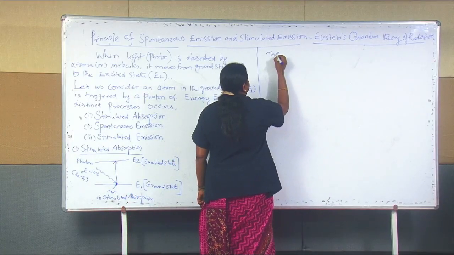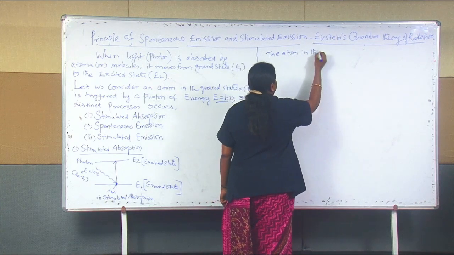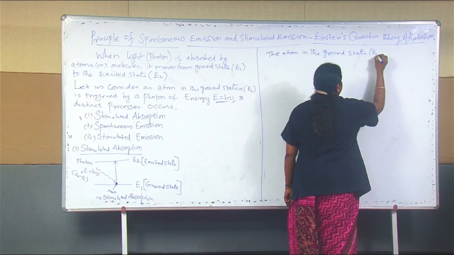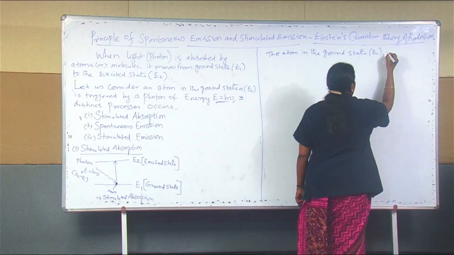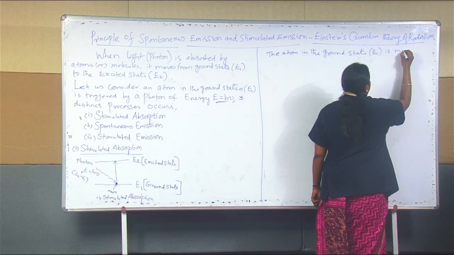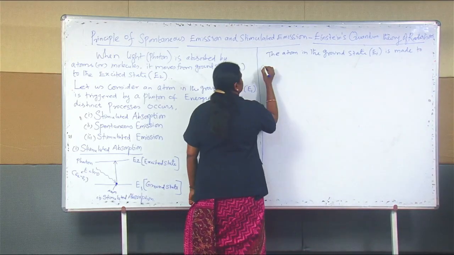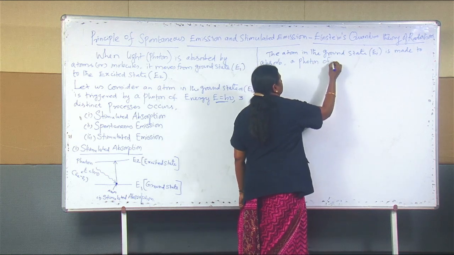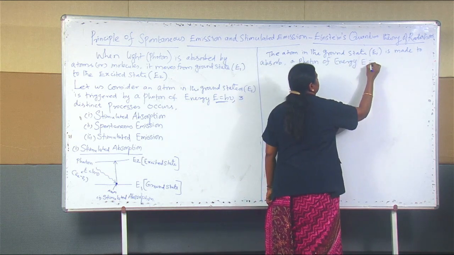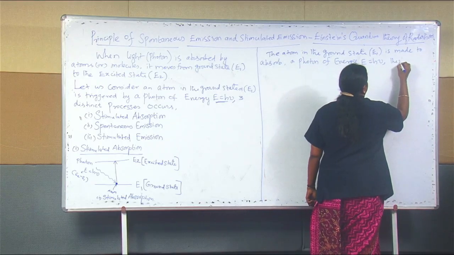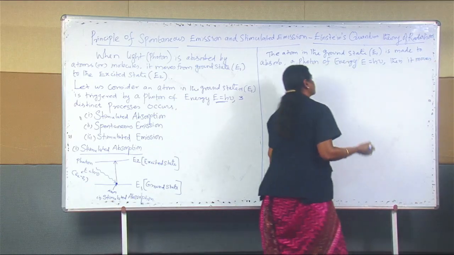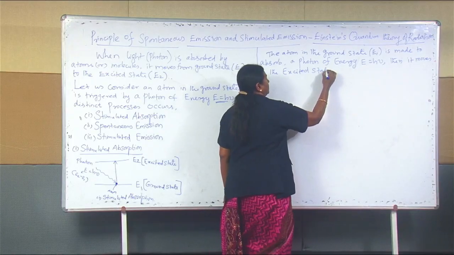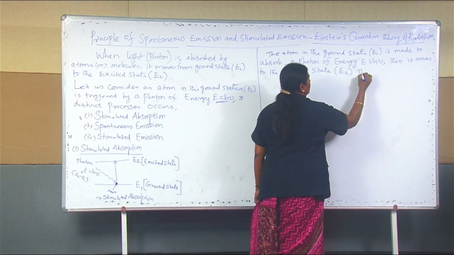The atom in the ground state, E1, is made to absorb a photon of energy E equal to h nu, then it moves to the excited state, represented as E2.